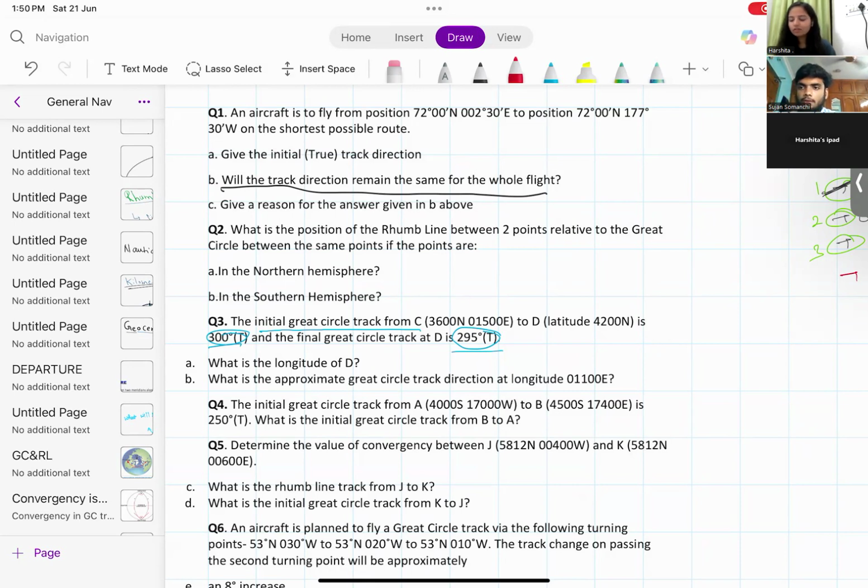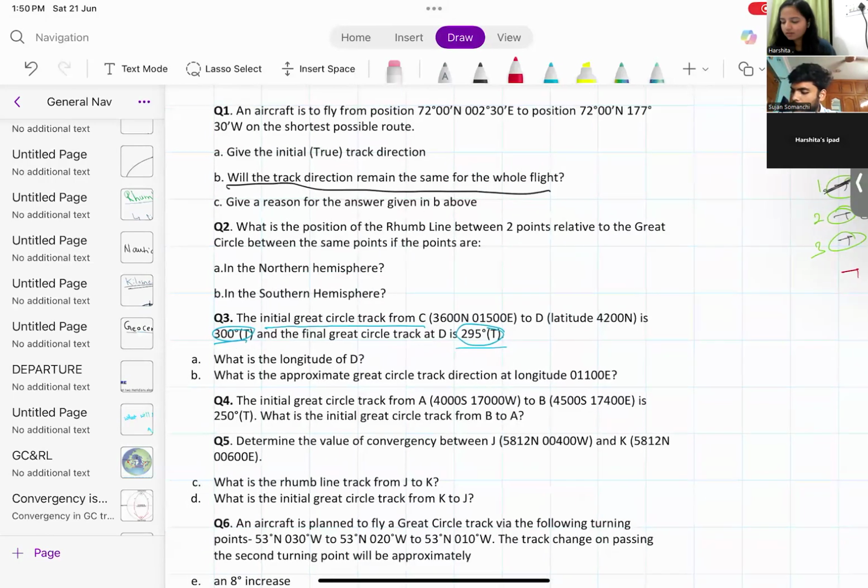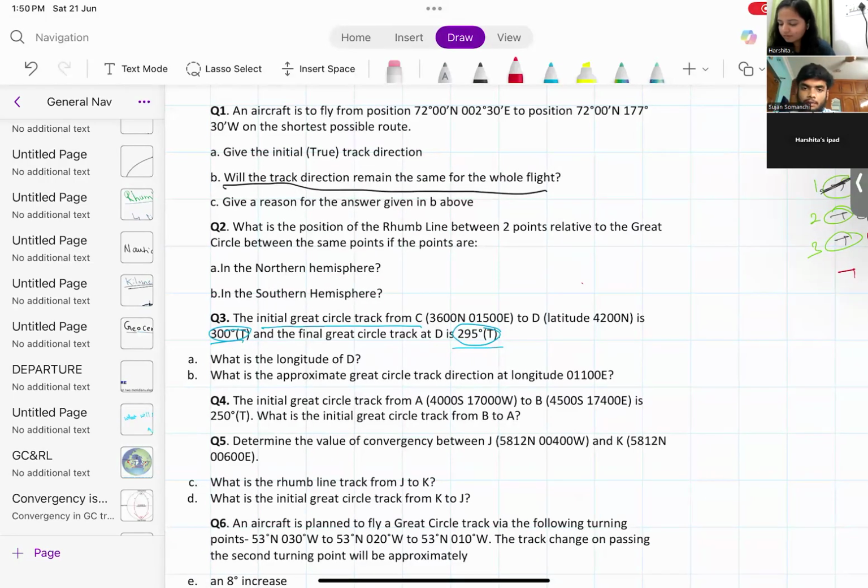Yes, very good. It is actually mixing two questions. Can you just show me your diagram first?